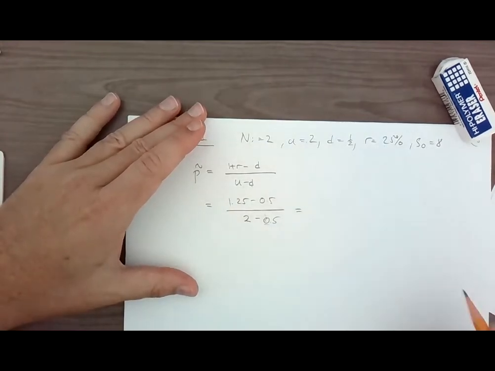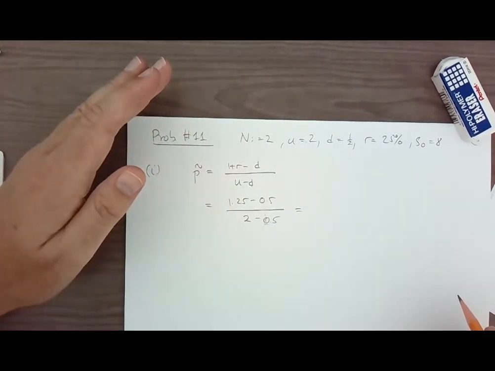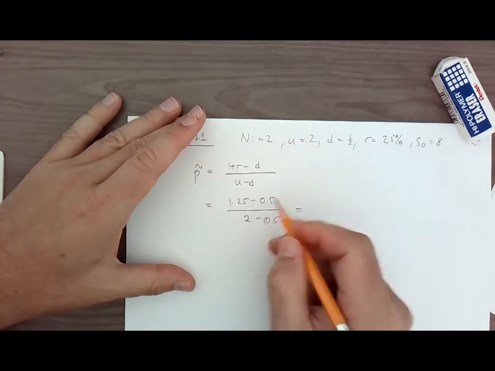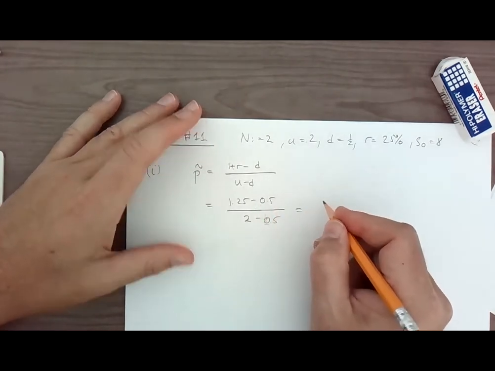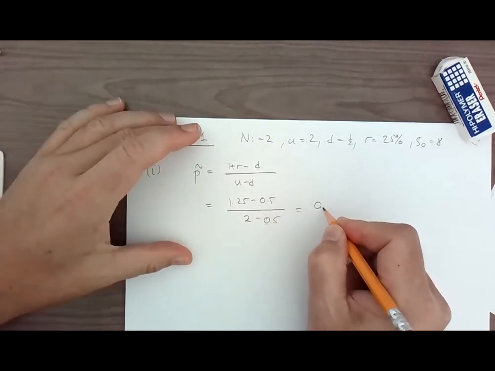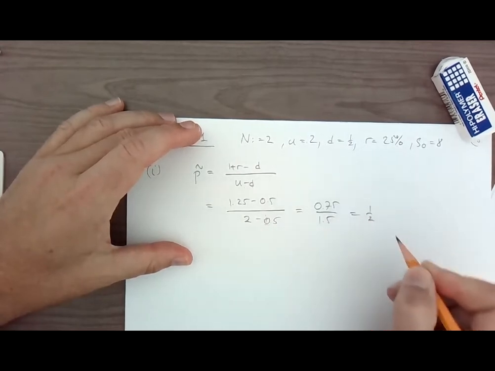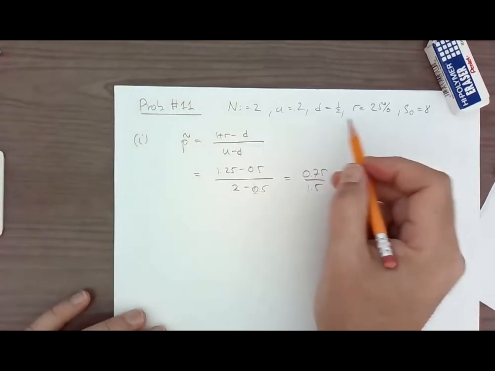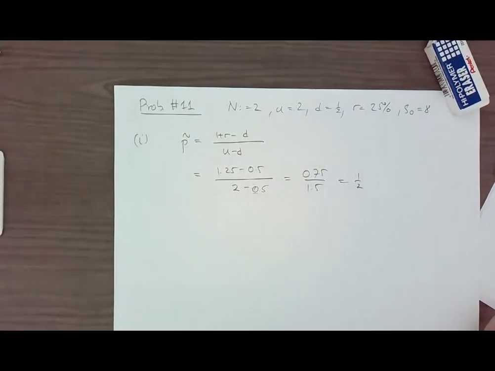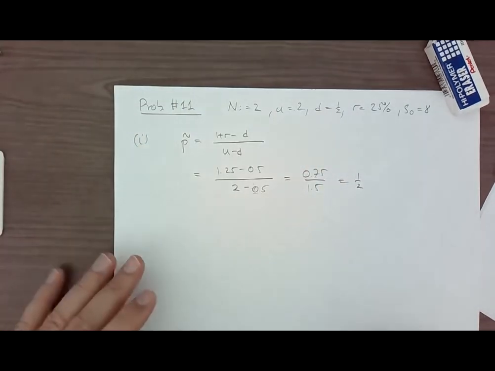So I think we end up with upstairs 0.75, downstairs 1.5. So this ends up being a half. This configuration we've seen many times. So that was the first question.